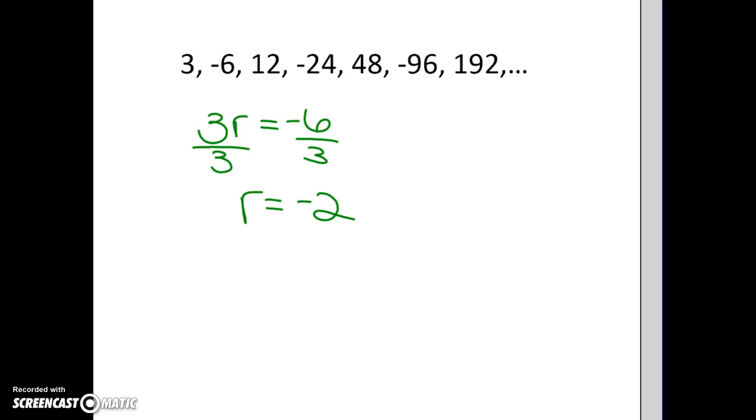So it is a geometric sequence. The common ratio is negative 2. How would you find the next term? If you said 192 times negative 2, you would have been correct. And that would, of course, equal negative 384.